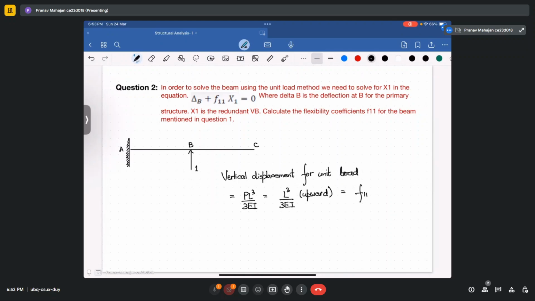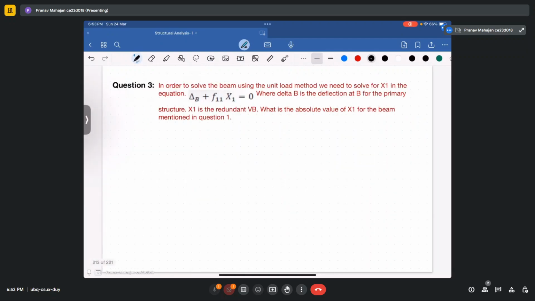Okay, so now your next step is to utilize this consistency equation and determine the value of H1. So use this equation, that is delta B plus F11 into H1 is equal to 0.